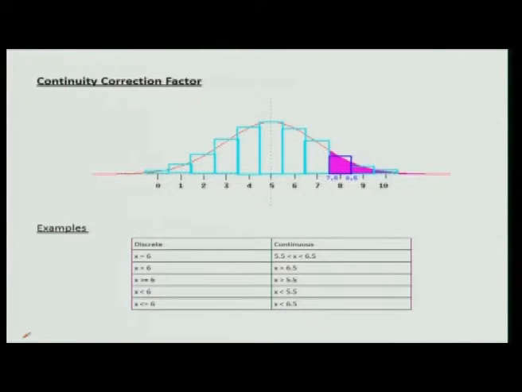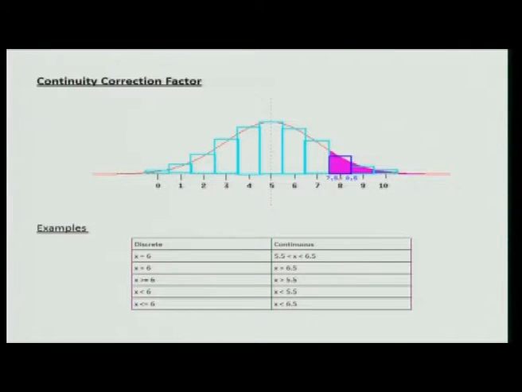What we are saying here is that if you are asking for the probability that x is greater than 7, this is the shaded portion that you are looking for. If x is greater than 7, that means x is greater than or equal to 8.